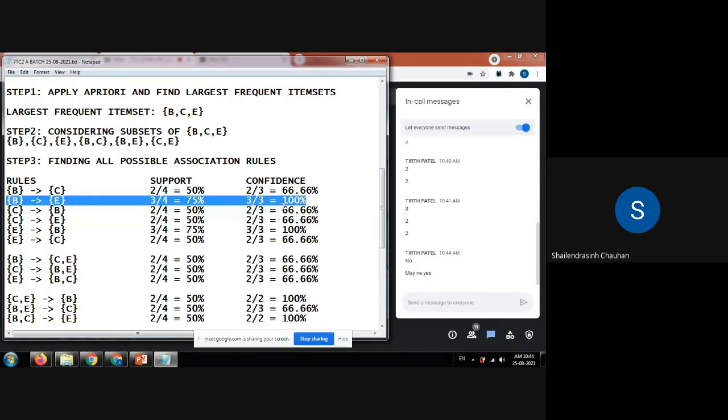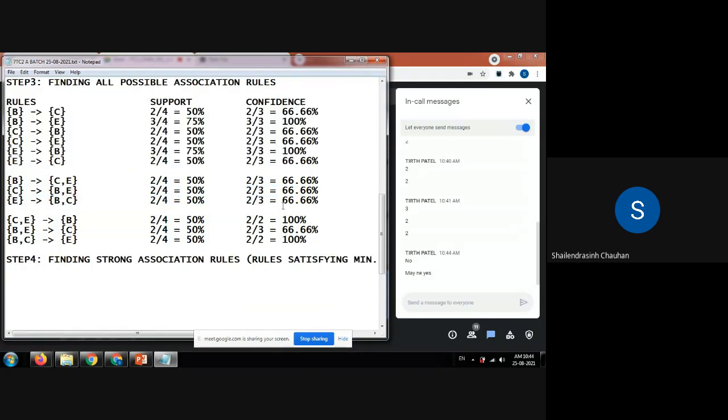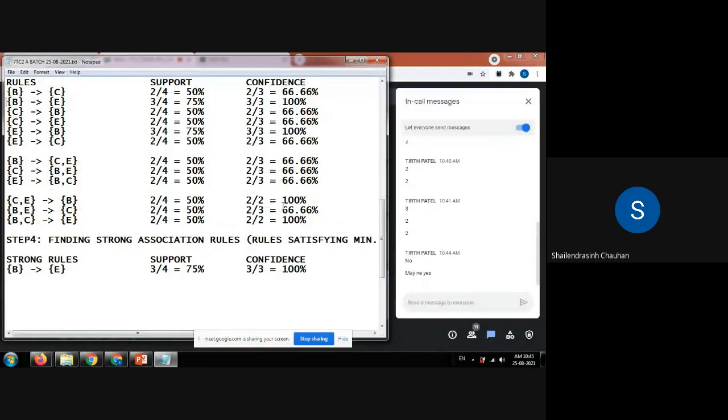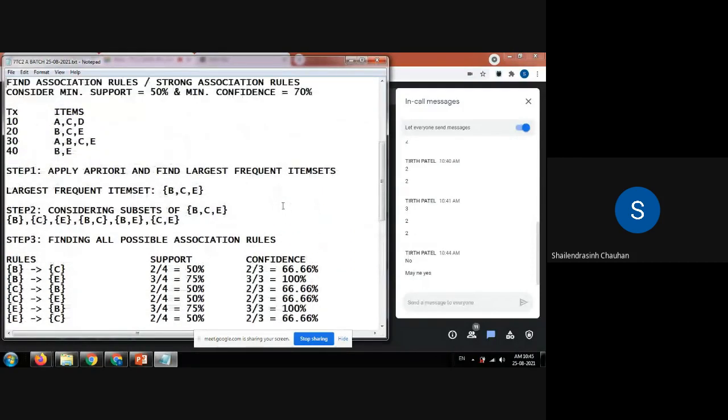Yes. So this is strong rule. In exam, it will be given what to be considered as minimum support, minimum confidence. It will be given in exam. If not, then you can assume.